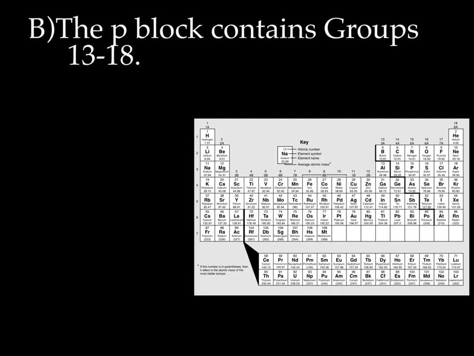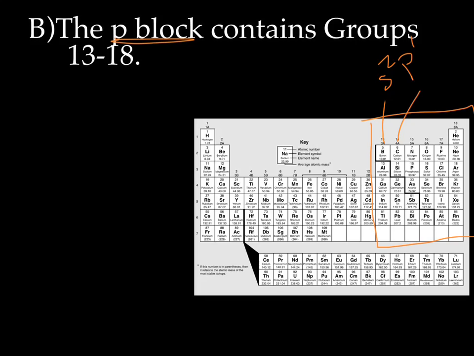Next, we have the P block. The P block contains groups 13 through 18, or 3A through 8A. Everybody in group 3A ends in something s2, and then p1.